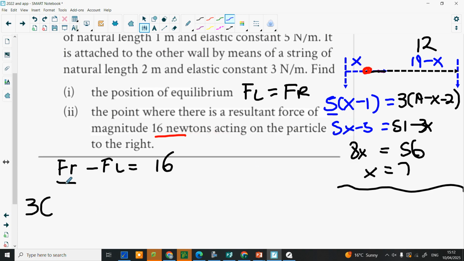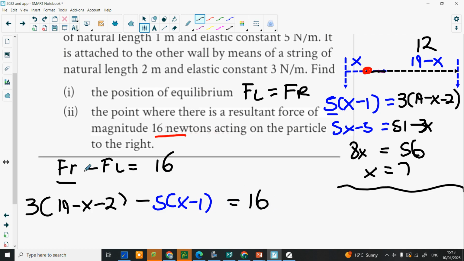Okay? So force right is going to be 19 minus x minus 2, as it was last time, minus force left, which is my 5 times my x take away 1. But this time they're not equal to each other, because you know that force right is 16 bigger than force left.